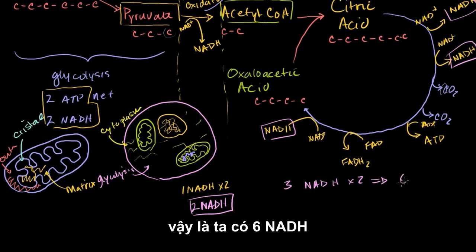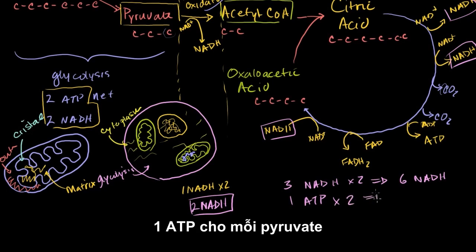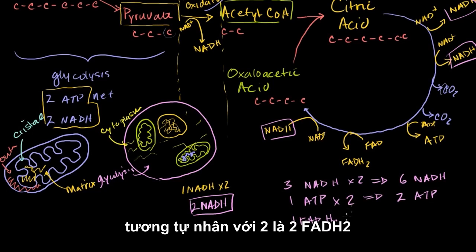So that gives us 6 NADHs. We have 1 ATP per turn of the cycle. This is going to happen twice, once for each pyruvic acid, so we get 2 ATPs. And then we have 1 FADH2. But we're going to do this cycle twice. This is per cycle, so times 2.